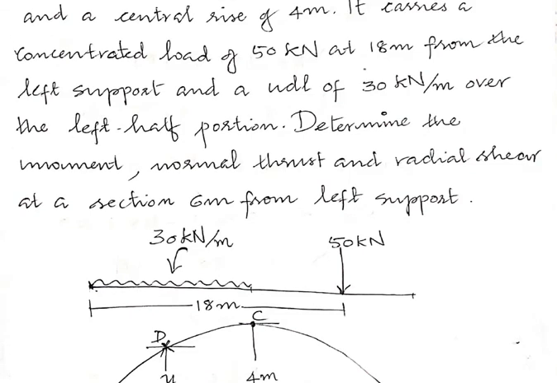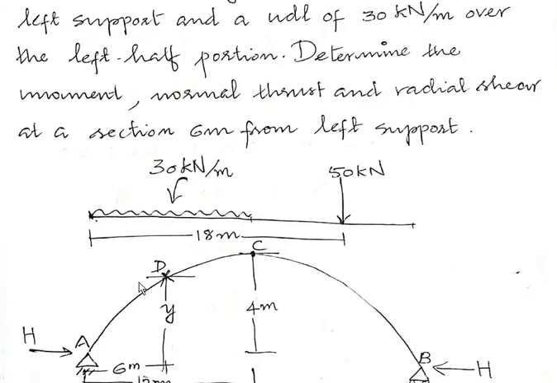Theta is the angle made by the tangent drawn through this point D to the arch with the horizontal.